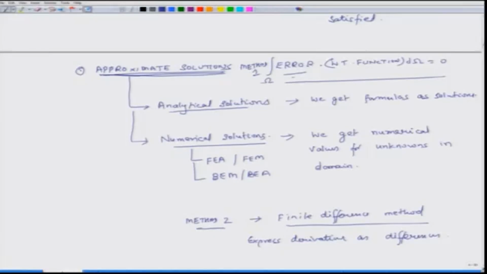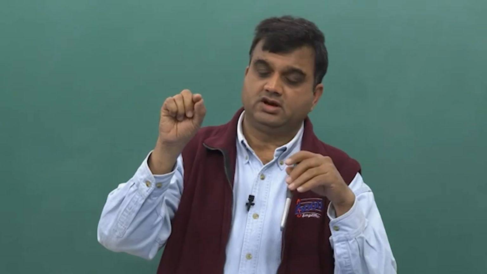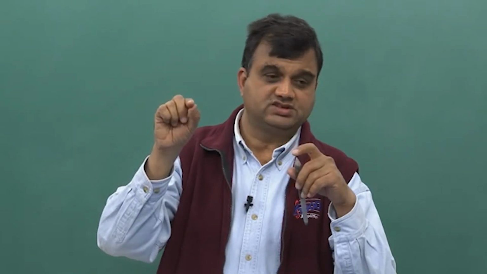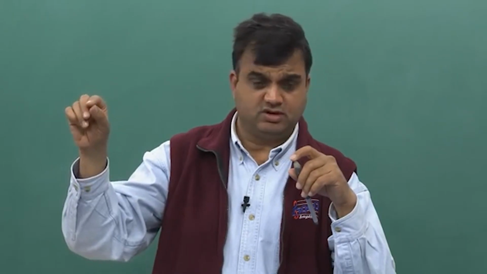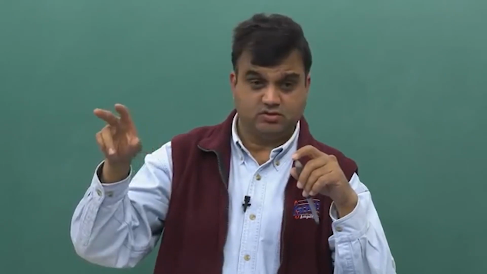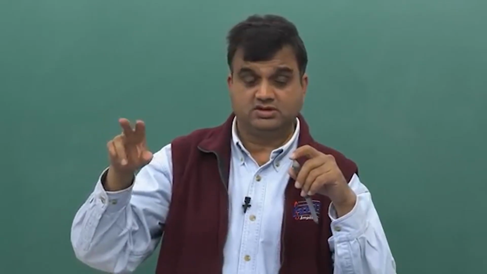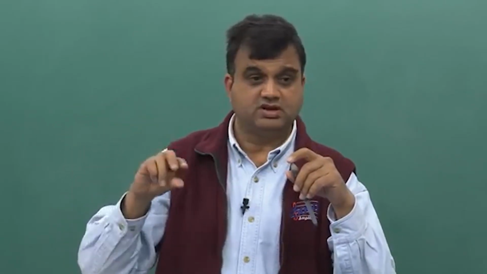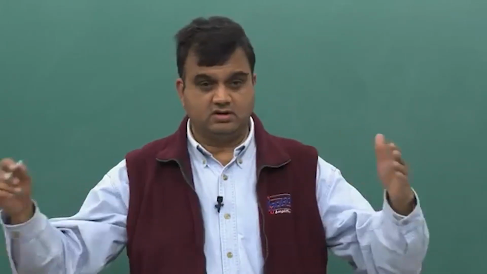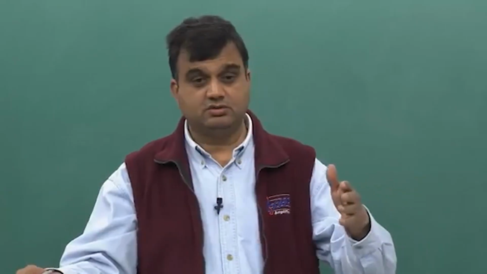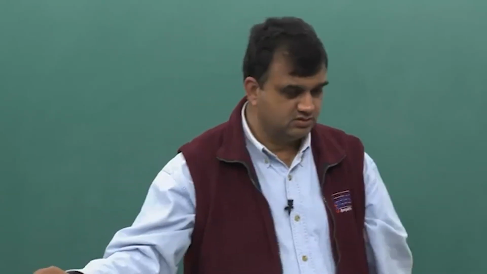Suppose I have to calculate del u over del x. We calculate the value of u at point 1 where x is equal to x1, and the value of u at another point where x is equal to x2, and then the partial derivative is u2 minus u1 divided by x2 minus x1. Once we do that, we very rapidly convert these partial differential equations into algebraic equations, and then we can solve those. So that is another approach.